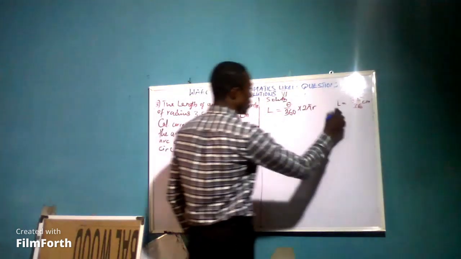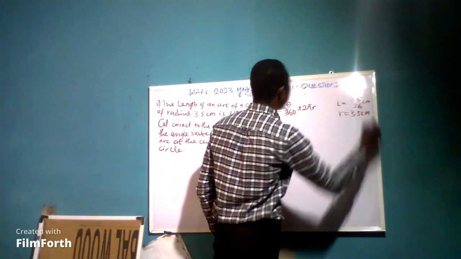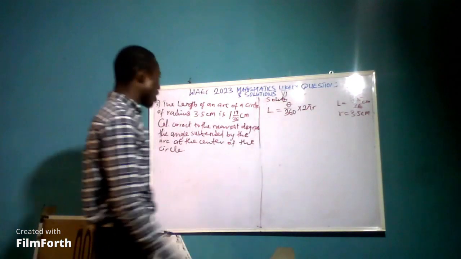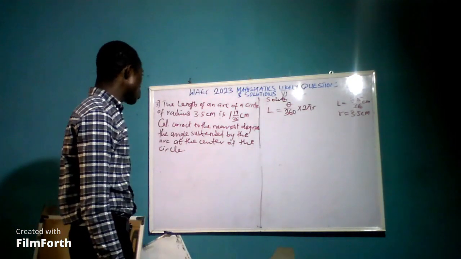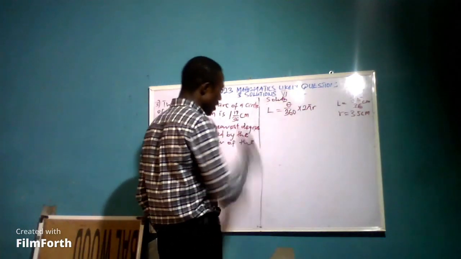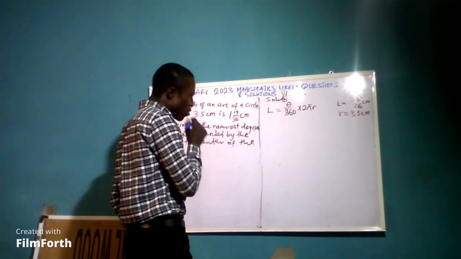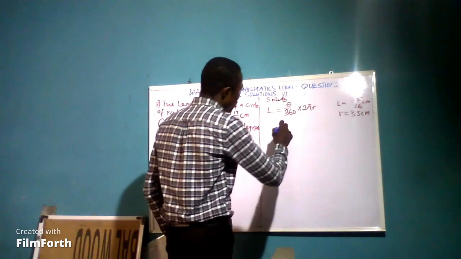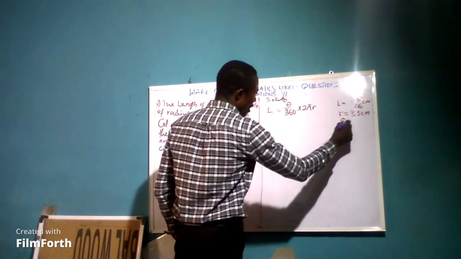And the radius is given as 3.5 centimeters. So we are asked to calculate the angle subtended by the arc at the center of the circle. And going further, we can make theta the subject of the formula, because that is what we want to find.